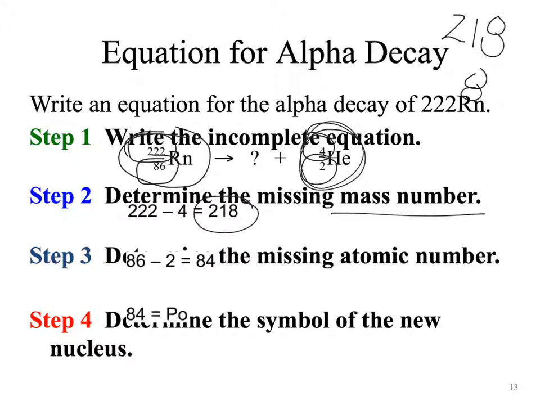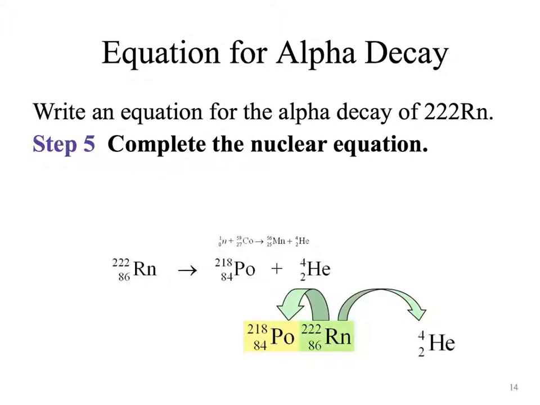So we know that the atomic number of this element is now 84. So the last thing we do, we check what element is number 84, and we found that it is Po. So when we write the symbol, it will be Po with a mass of 218 and an atomic number of 84.